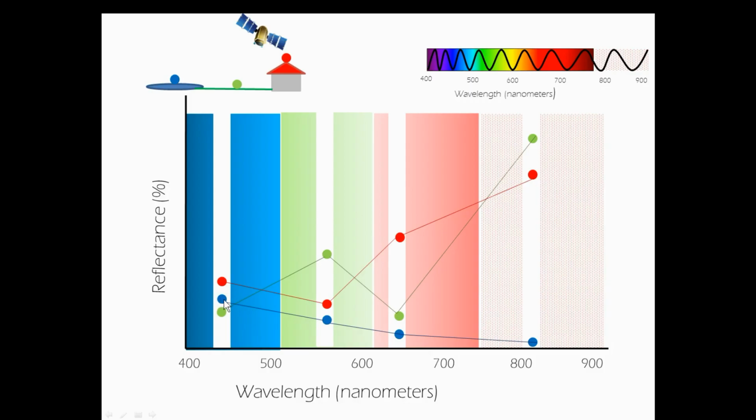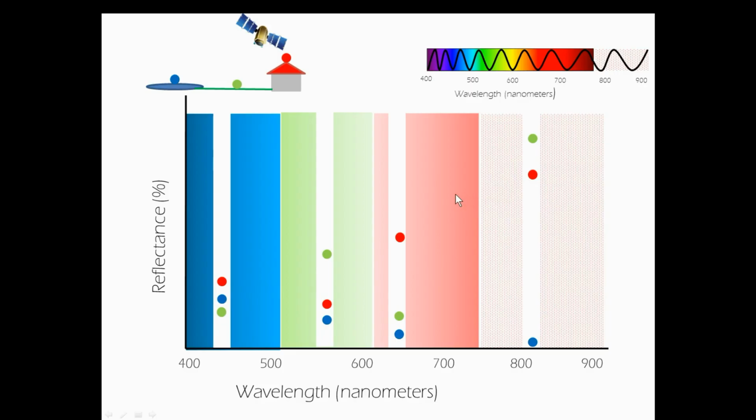And this helps explain why we perceive water as blue. And finally, if we examine the spectral signature for grass, we see that reflectance is pretty low in the blue and the red regions, but that it spikes in the green region, which is why grass is perceived as green. And then finally we see this big spike in reflectance for wavelengths in this part of the near infrared zone. And we'll take away the connecting lines.